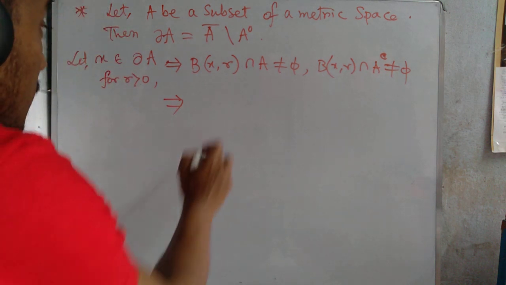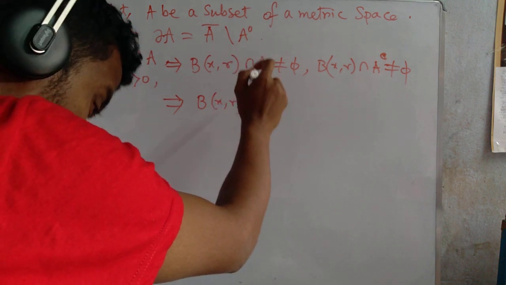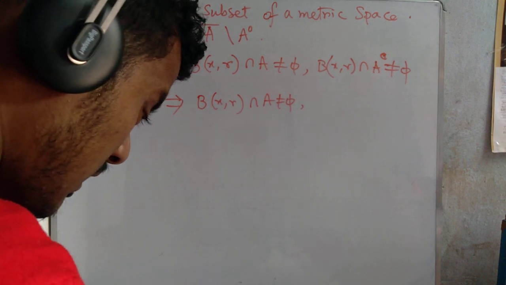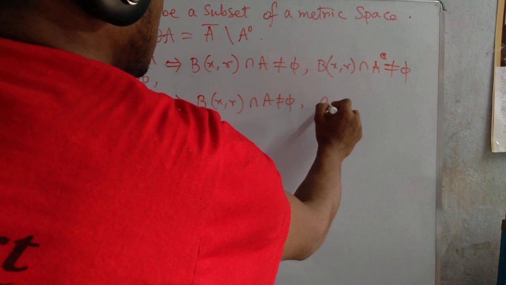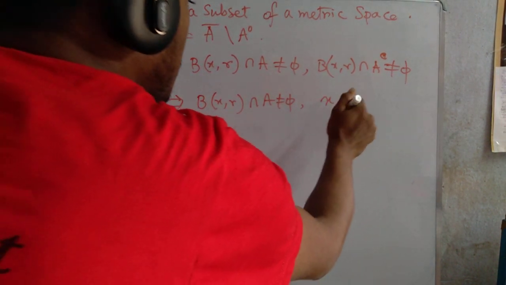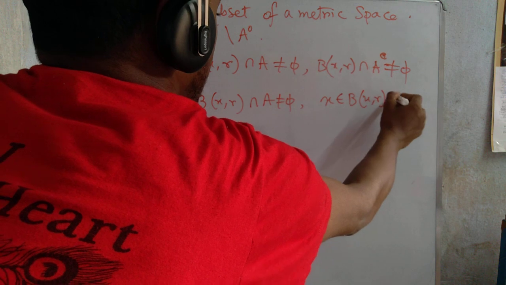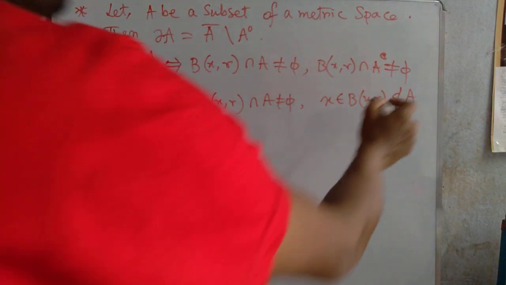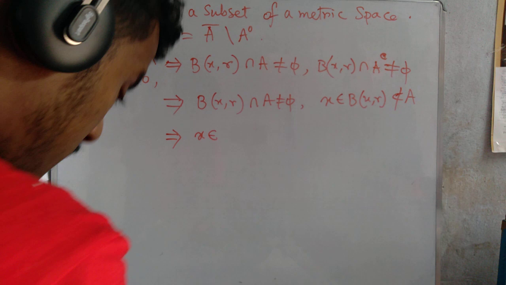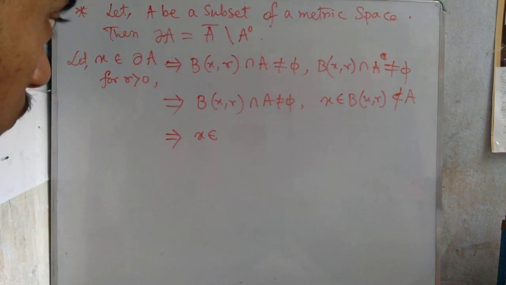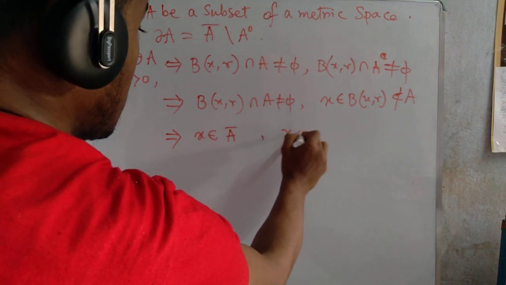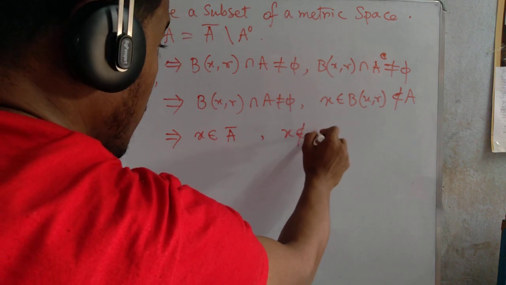This implies B(x, r) intersection A not equal to phi, and B(x, r) intersection A complement not equal to phi, which means x belongs to B(x, r) but which is not a subset of A. Then this implies x belongs to A, and this means x does not belong to A interior.